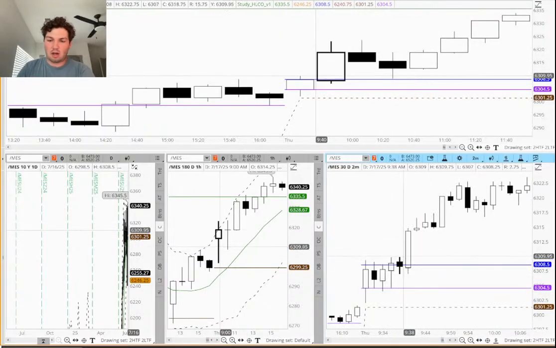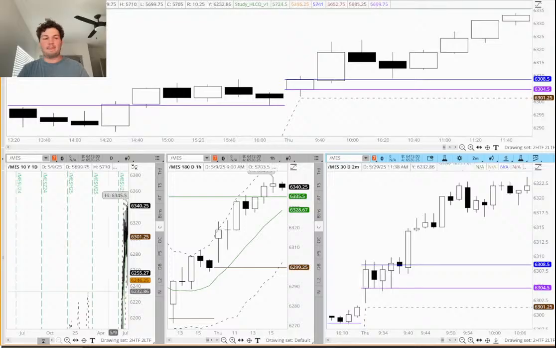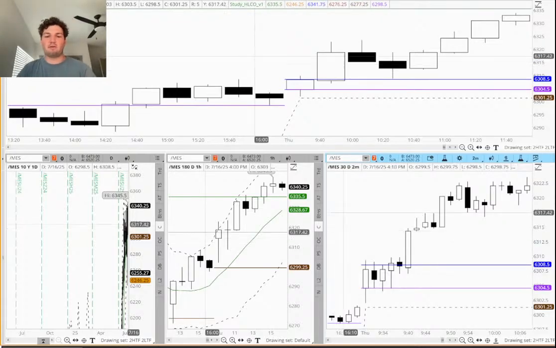Entry right here at 10. Stop loss down here at 4.5. So 5.5 stop loss. We'll say 5.75.